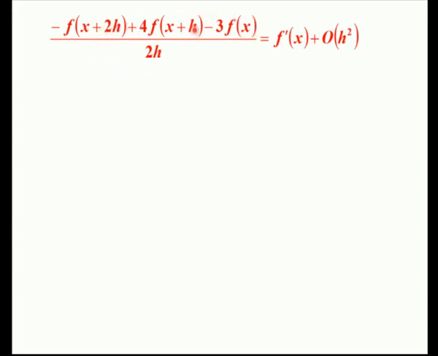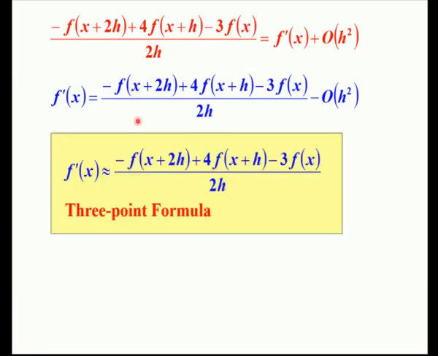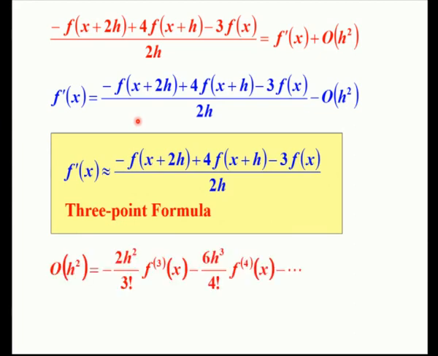Difference quotient in the sense it is a quotient or ratio of function differences at consecutive points upon the argument difference. So, the first derivative can also be approximated with this, and which will give you a rule for the first derivative, and this is called the 3-point formula for the derivative, and the error term is given here.